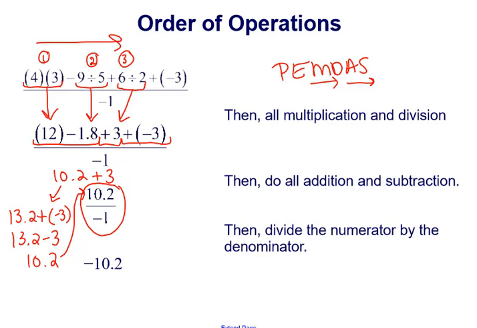Dividing 10.2 by negative 1 gives us a final answer of negative 10.2. So again, you have to be careful with fractions. You have to treat the numerator separately from the denominator and simplify them both individually, completely, before you can divide the numerator by the denominator. This has to be the very last step.